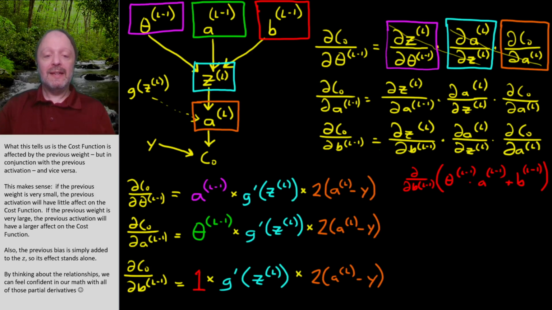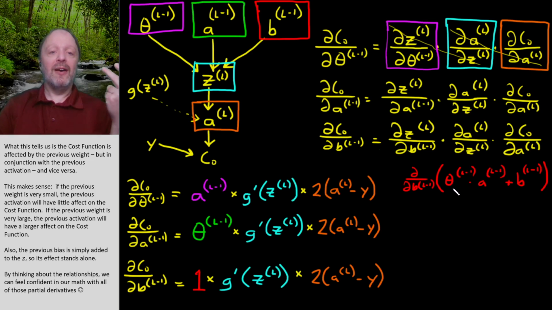And it's kind of nice that we have it this way. Once we have got all this worked out, we can use logic to see if this makes sense to us. So if I look at how the weight affects the cost function, that depends on how big the previous activation is, because the activation gets multiplied by the weight.